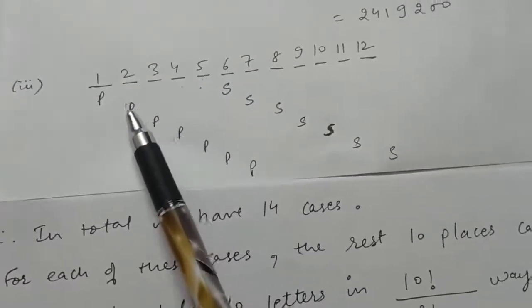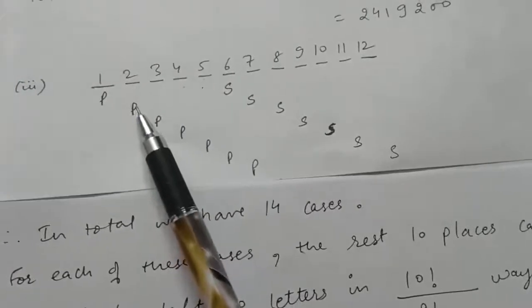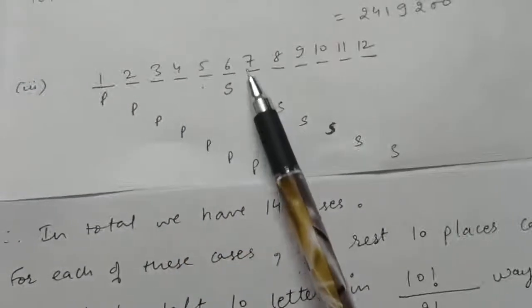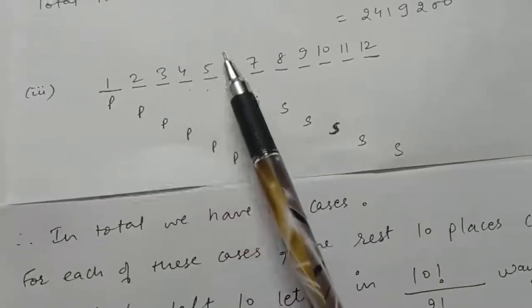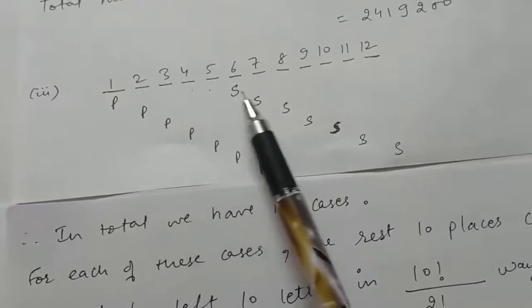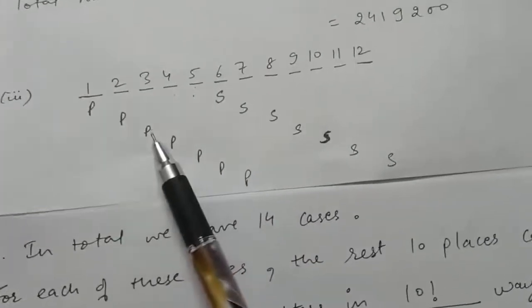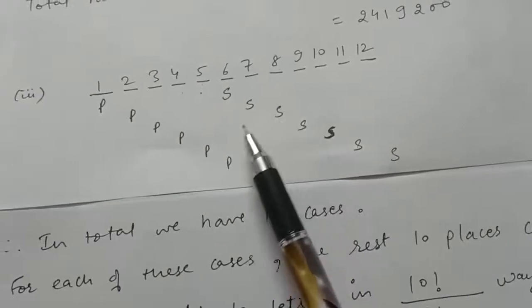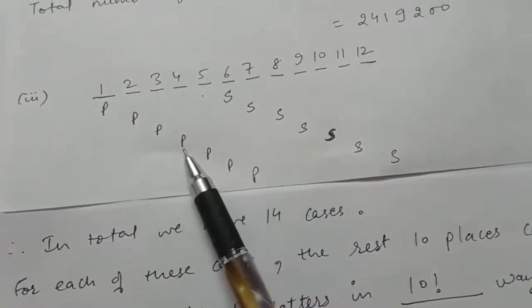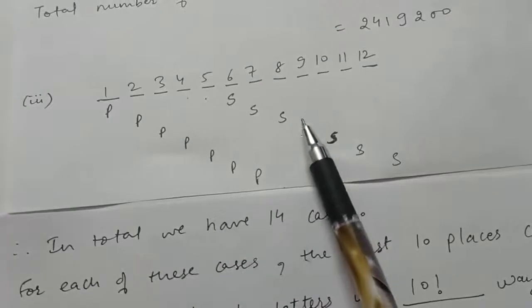Now if we write P at 2nd place, then S will be at 7th place, so that there will be 1, 2, 3, 4 letters between P and S. Similarly, if P will be at 3rd place, then S will be at 8th place. If P will be at 4th place, then S at 9th.